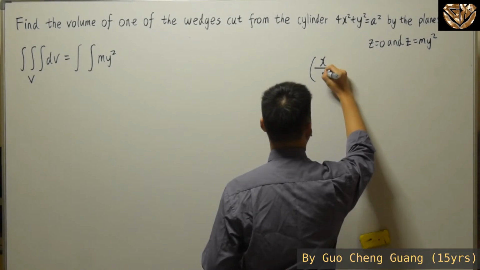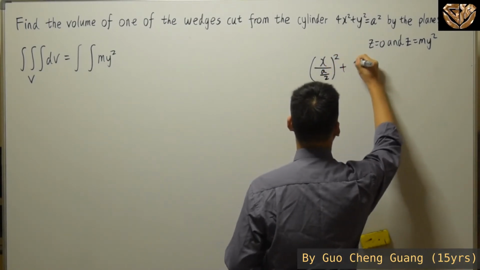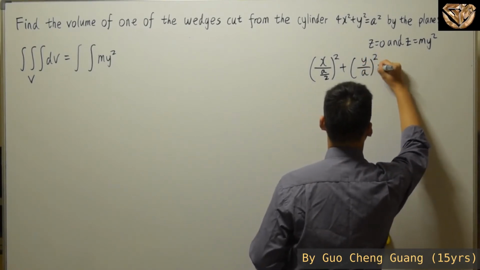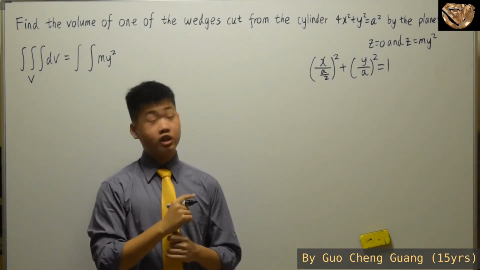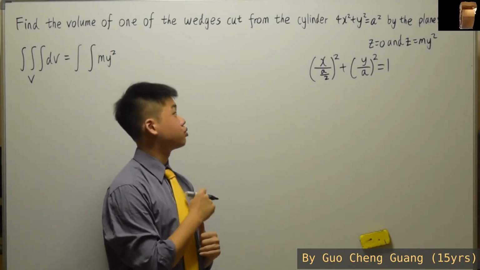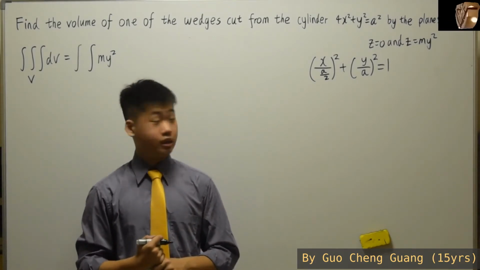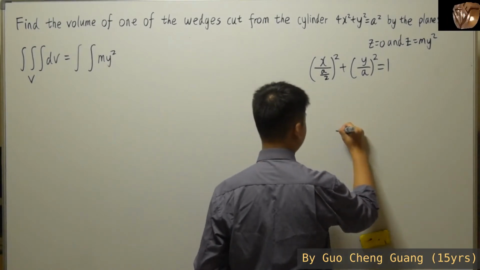We're going to have (x/(a/2))² + (y/a)² = 1. So this function is essentially the same as 4x² + y² = a². Now, what is this function exactly? This is a function for an ellipse.